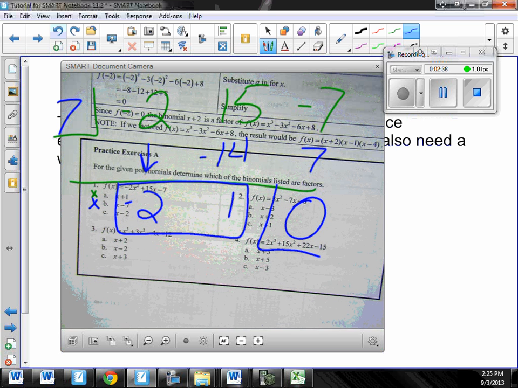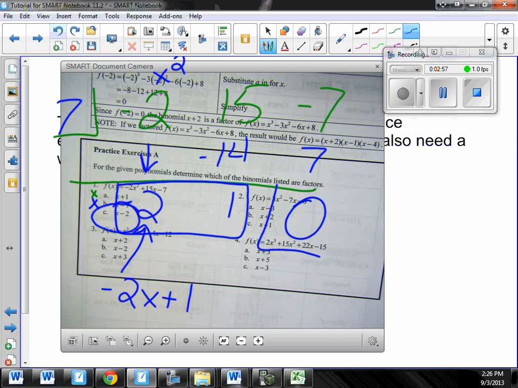Well, what did I start with? What was my leading or my biggest exponent in my original equation? X squared. So if I started with an x squared up here, what is this one going to be? An x. So -2x plus 1. Well, is this the same as that?